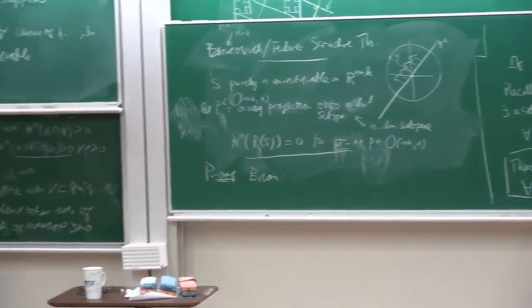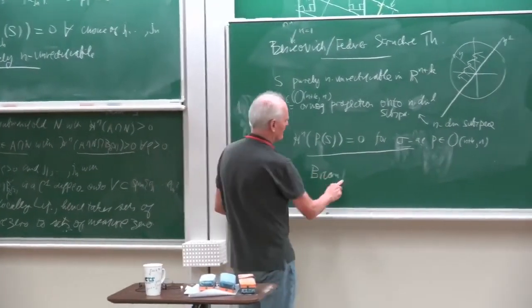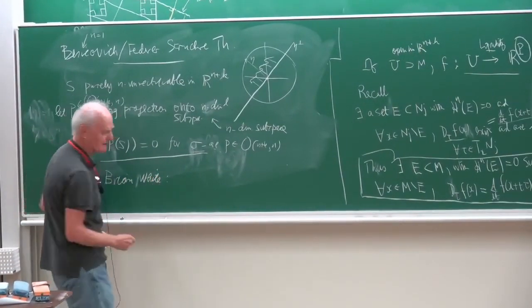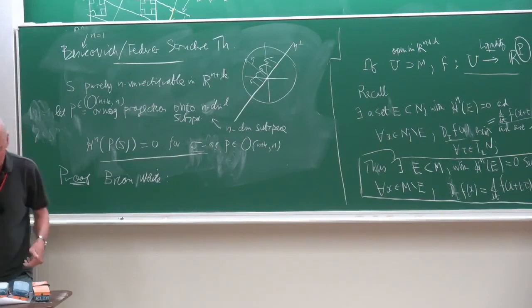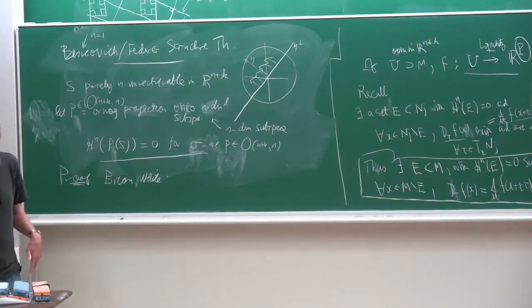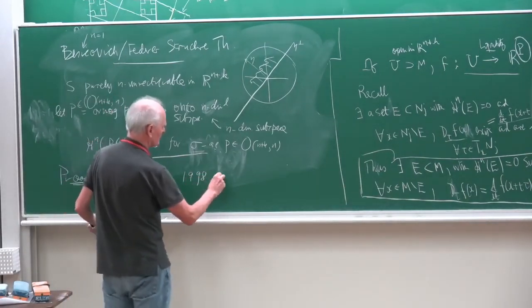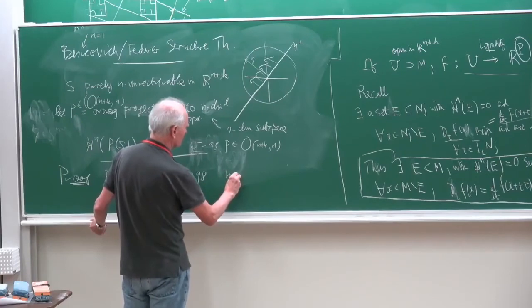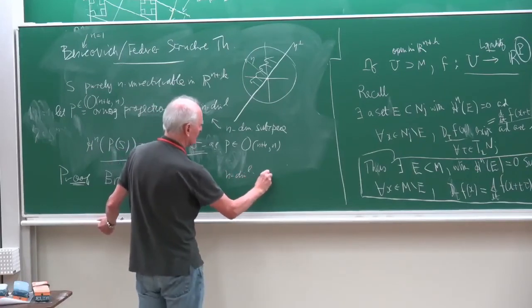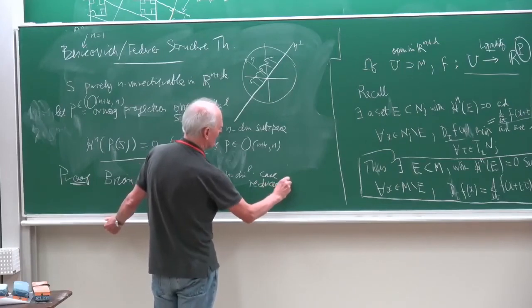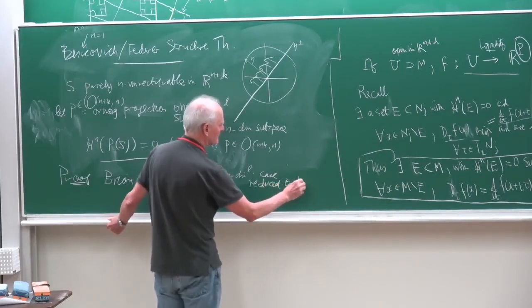Brian White showed that you can reduce the n-dimensional case to the one-dimensional case. You'll find a reference in the latest revision of the text, 1998. A much simpler argument.